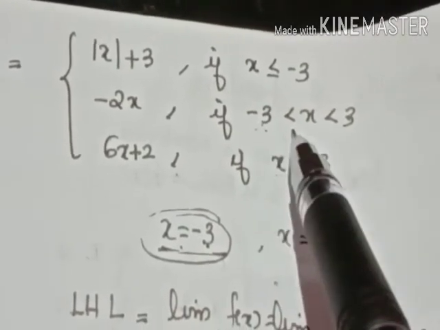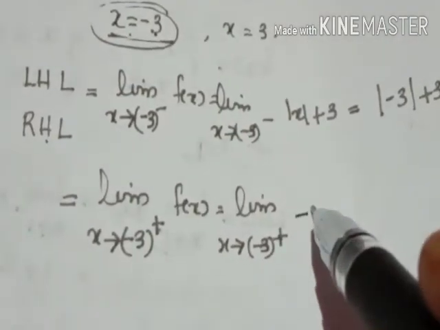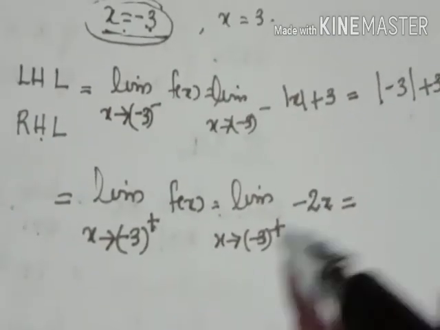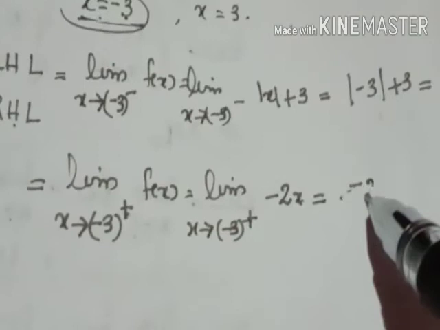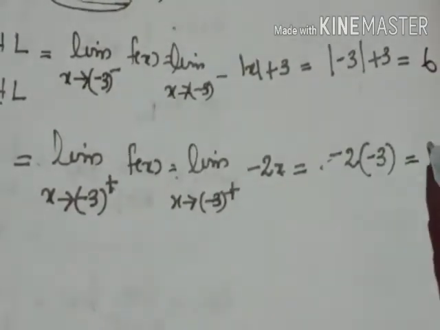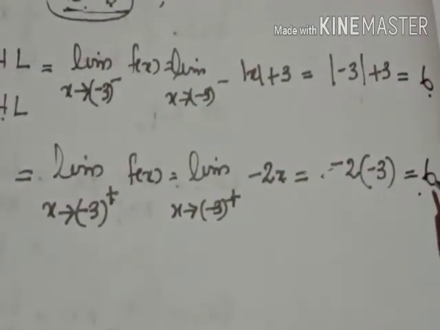In this interval, f of x is defined as minus 2x. So replace f of x by minus 2x. Now apply the limit. Minus 2 into minus 3 is 6. So left hand limit is 6, right hand limit is 6.